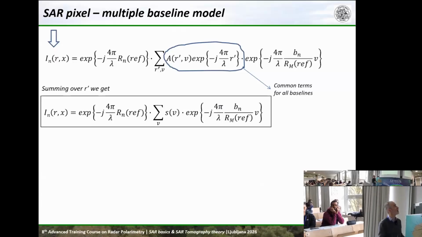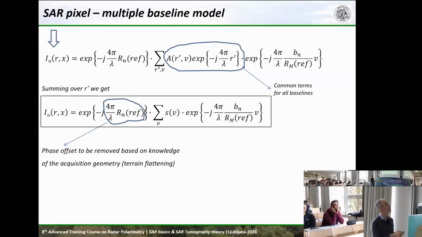and come up with this new equation, which is interesting because the first term is given by the distances of the reference point in all the orbits.